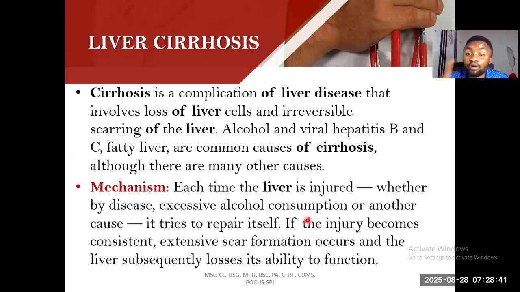Don't forget, we don't have a vaccine for hepatitis C. So if you think you have gone for the hepatitis B virus vaccine, and so you're having sex anyhow, take note, the C is there. But one thing about the C is that when you get the C, the body can easily fight it and cure it without you knowing that you have the C.